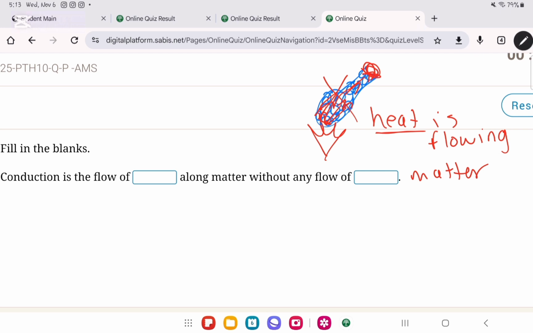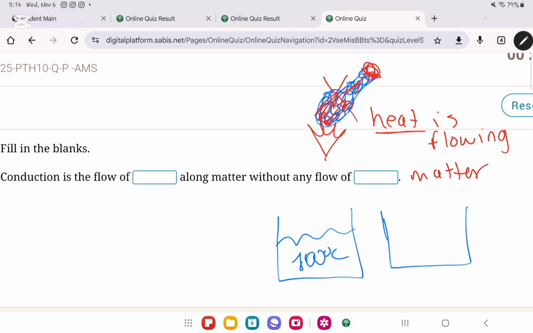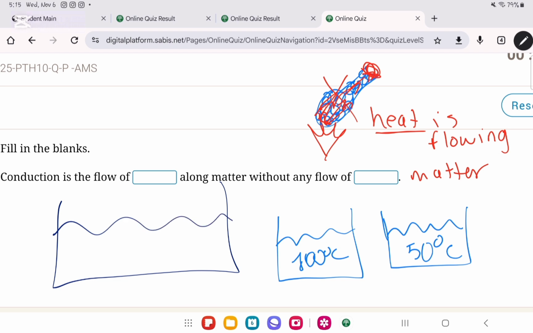For example, you have two bodies of water. One over here is 100 degrees Celsius, the other one over here, let's say it is 50 degrees Celsius. So now if you're gonna mix them together, you're gonna put them in one big bowl, okay? What's gonna happen is that the water temperature is gonna change and soon it will become 75 degrees Celsius.